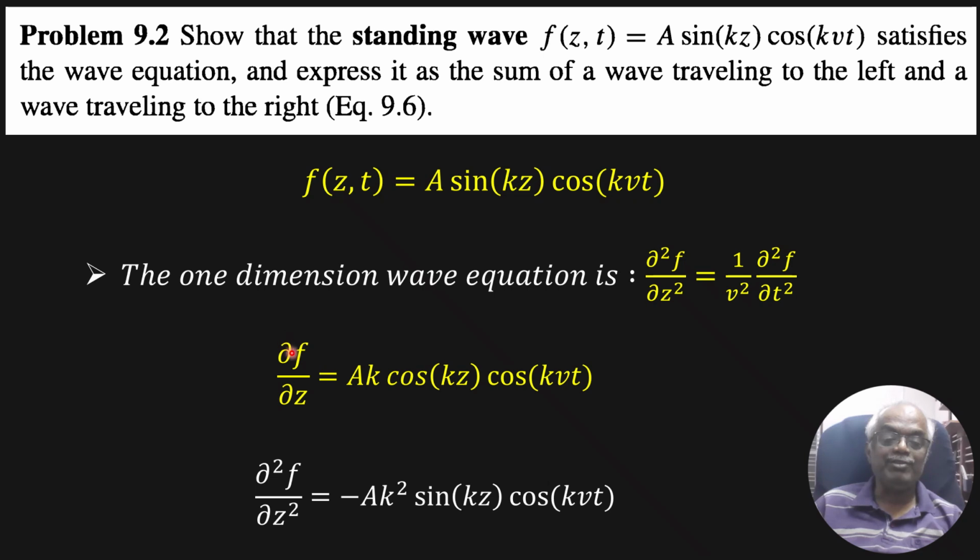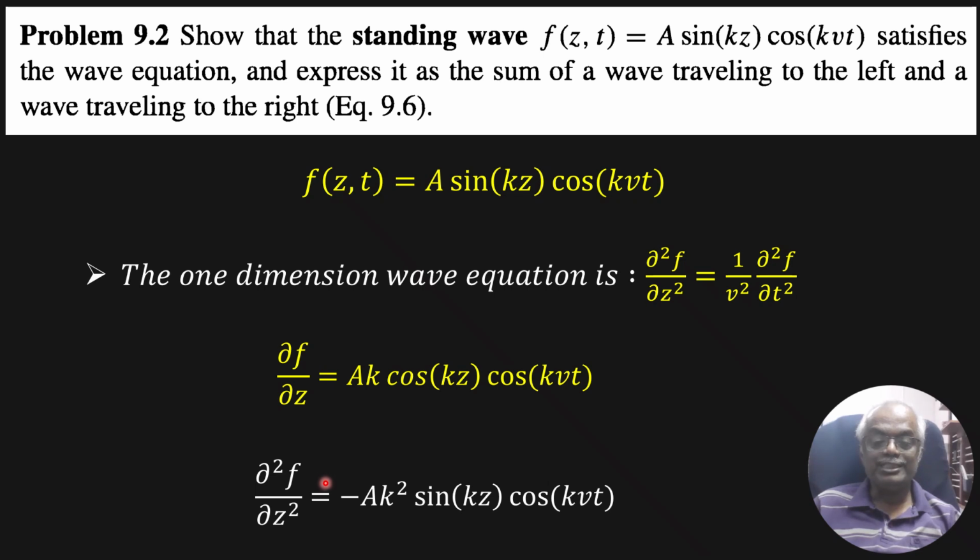The first derivative with respect to z: the first term only has z, and the second term depends purely on time. If you differentiate sin(kz), you get k cos(kz), and you keep the cosine term as it is because it is independent of z.